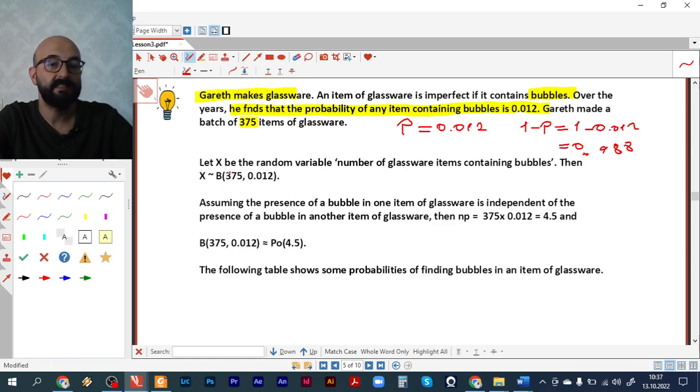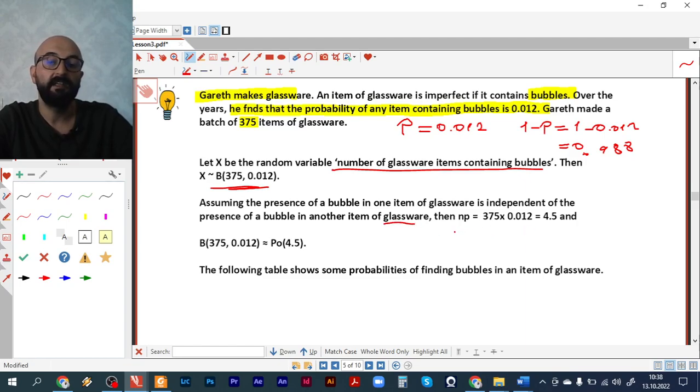Let X be the random variable, the number of glassware items with bubbles, with a binomial distribution, assuming the presence of a bubble in one item is independent of the presence of a bubble in another item.